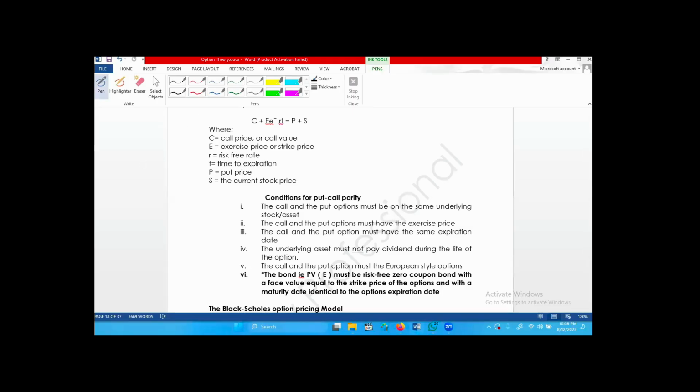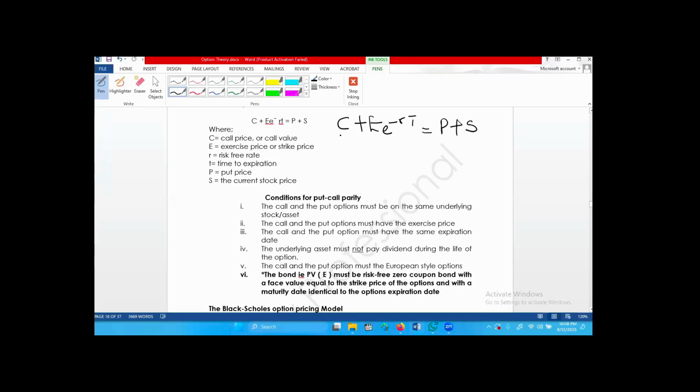The equation of put call parity: C plus E e to the minus RT is equal to P plus X.